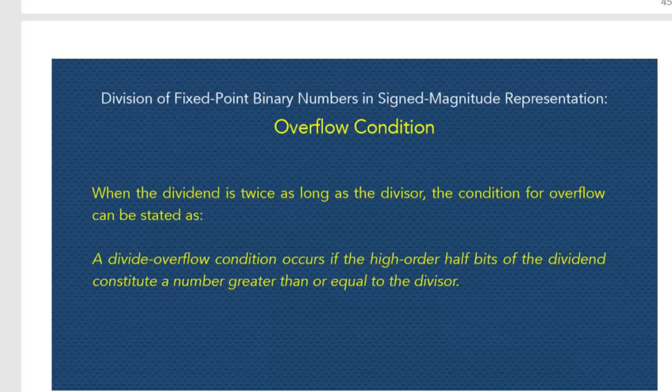If the divisor has 5 bits and the dividend has 10 bits, a divide overflow condition occurs if the high order half bits of the dividend constitute a number greater than or equal to the divisor. That means overflow occurs when the value of the dividend is greater than or equal to the value of the divisor. But if A is less than B, that means the dividend is less than B, then there is no such condition.